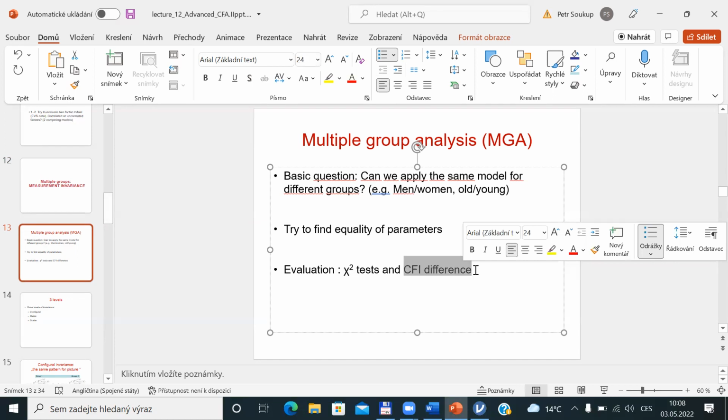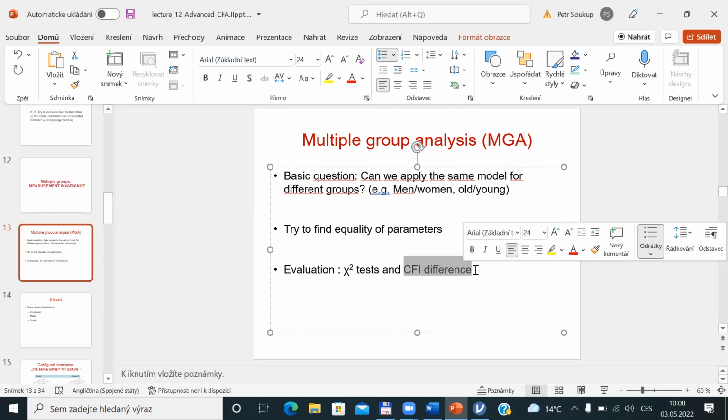They proposed that we can compare CFIs for different models. We will discuss these different models in a few minutes. And if the CFI difference is below 0.01, you can go to a slightly more advanced model for multiple group comparison. That's the CFI difference logic based on the article of Cheung and Rensvold.